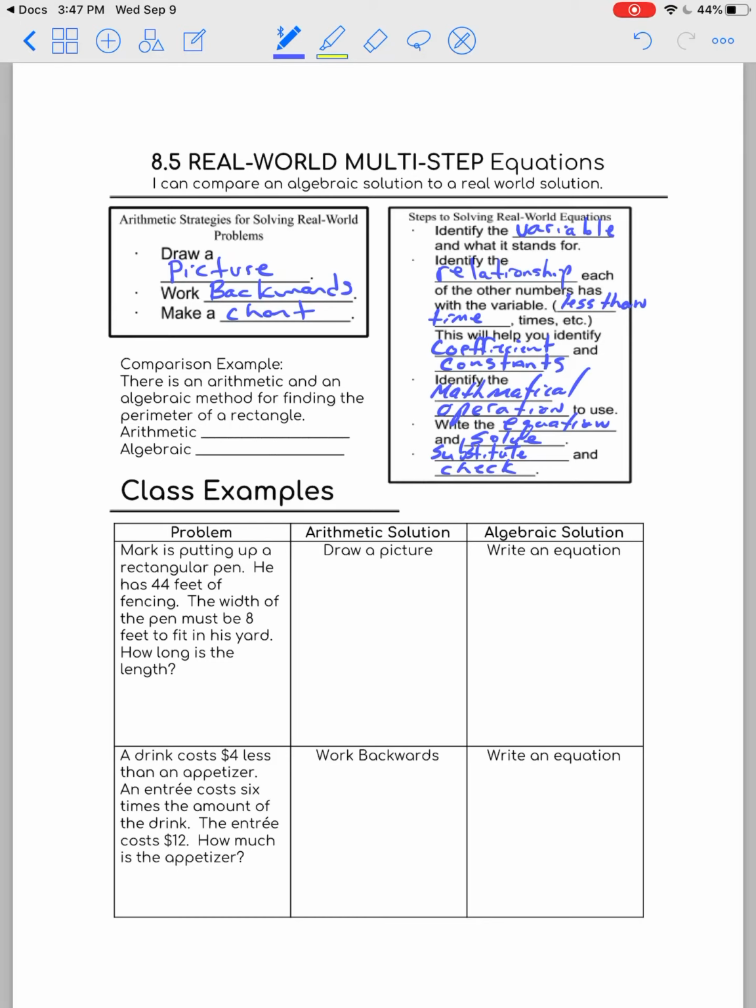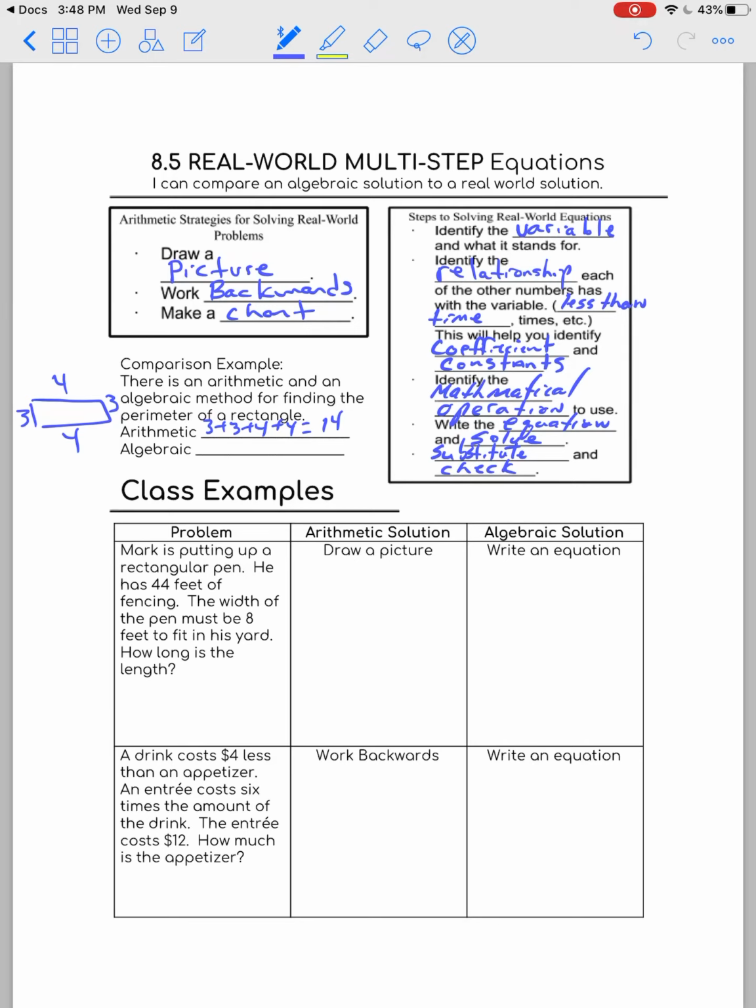Now, there's two ways to solve. Say, comparison examples here. There's an arithmetic and an algebraic method for finding the perimeter of a rectangle. In arithmetic, if we had a rectangle, and let's say it was 4 by 4 and 3 by 3, we would say 3 plus 3 plus 4 plus 4, and that would equal 6, 10, 14.